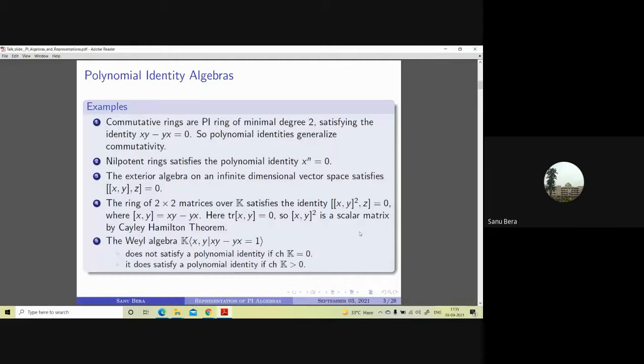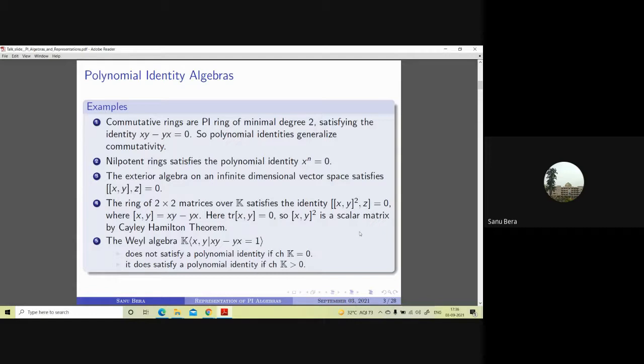And number 4 in that identity has a special name, Hall's identity, and this is checked easily because the trace of that additive commutator is 0, and we can use the Cayley-Hamilton theorem.